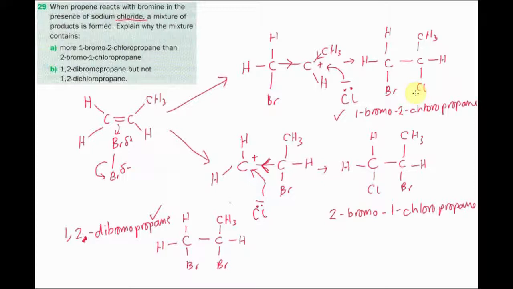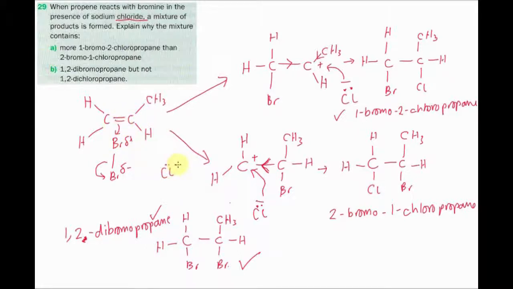Now it says, why do we get 1,2-dibromopropane? Why are we getting this, but no 1,2-dichloropropane? Why are we not getting one with chlorines both there? Well, the chloride that's around, remember it's chloride, sodium chloride that's in there, it's not chlorine. So the thing that's happening at the start, at step 1 of the mechanism, where we're getting the electrophile, which is bromine, attacking that double bond, that can't happen with a chloride because there's no partial positive charge to accept the electrons.